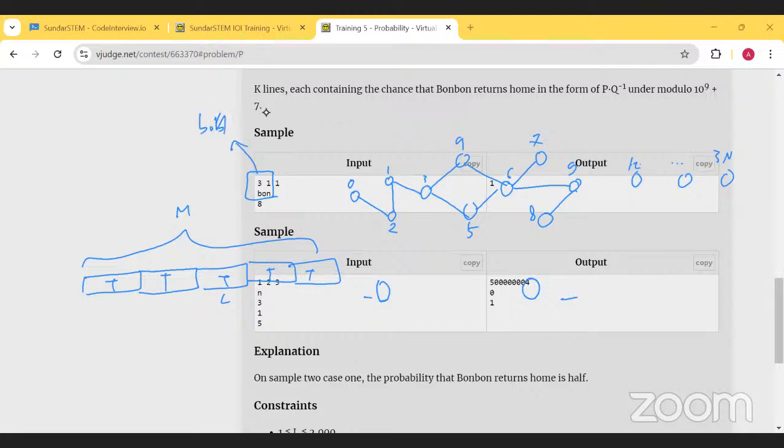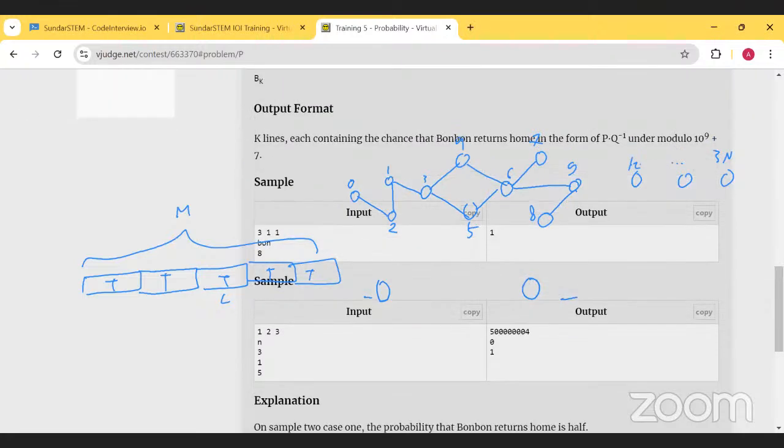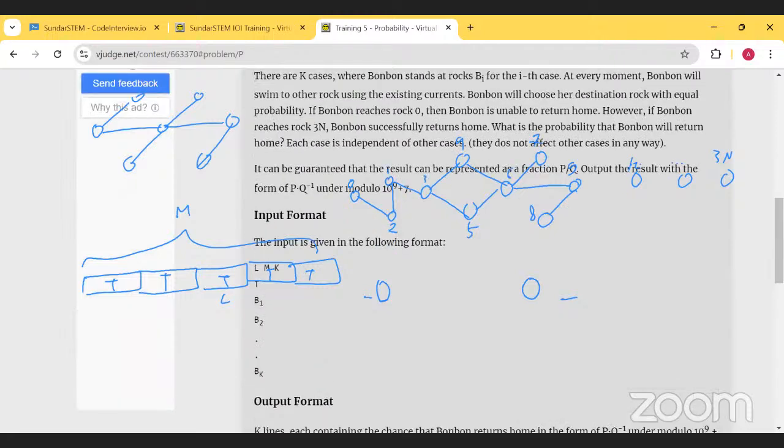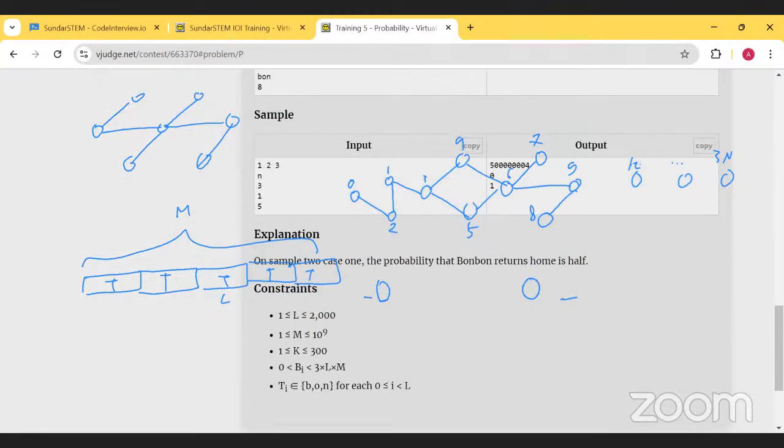Okay, and then after we get the string S, we will construct a graph like this based on the string. If the string is just n, all of them are n like this. Okay, and then there are some queries, k queries. There are 3 queries.